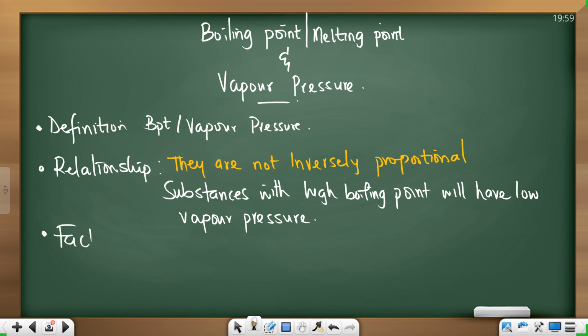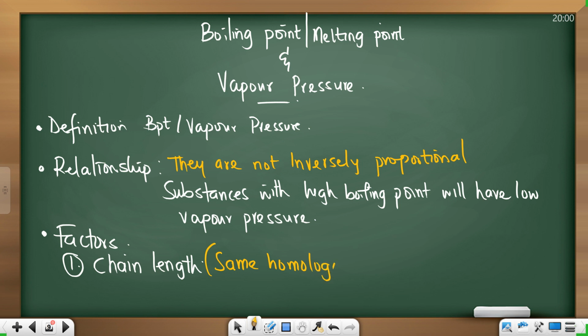Now, what are the factors that affect boiling point and vapor pressure? Number one is the chain length. And guys, when we talk about chain length, we are going to be referring to the same homologous series.